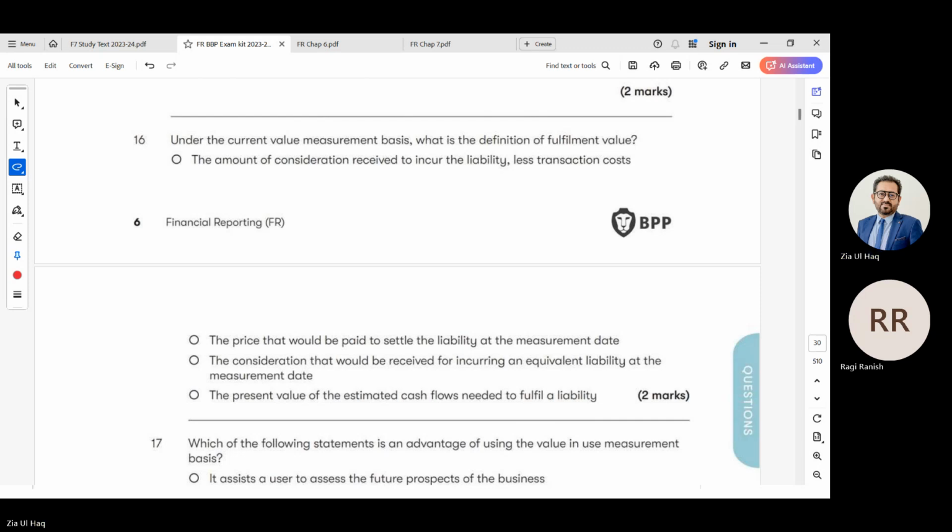Fulfillment value means economic value or value in use. What's the definition of that? Present value of estimated cash flow.